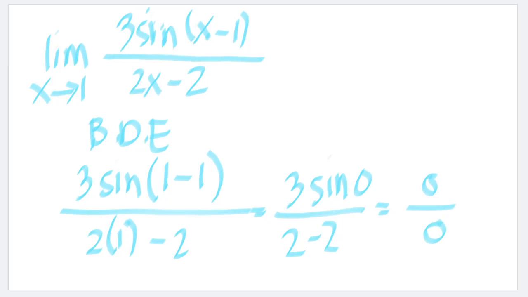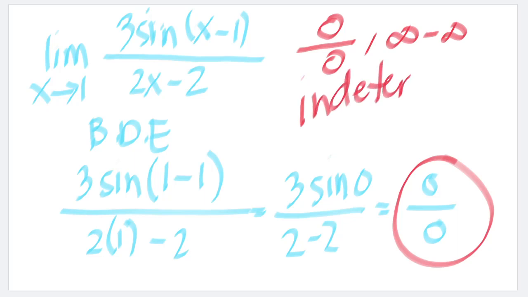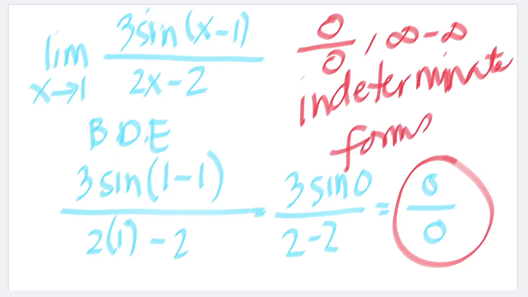And this is one form of indeterminate numbers. 0 over 0, infinity minus infinity, and other concepts, these are called indeterminate forms. Technically, the limit can be evaluated, but at this stage the limit cannot be evaluated since they are in the indeterminate forms.